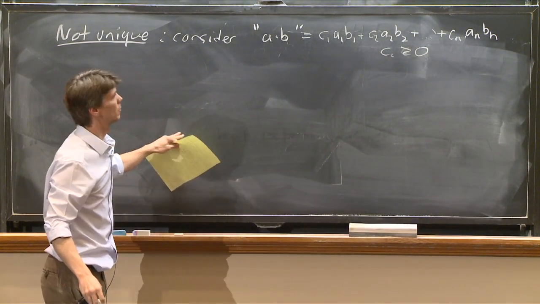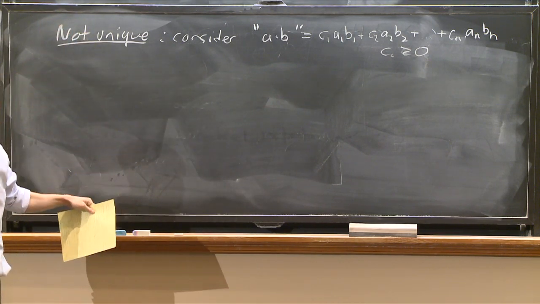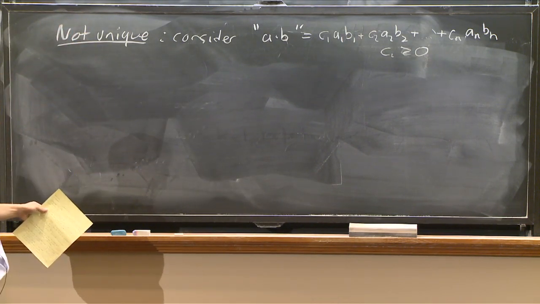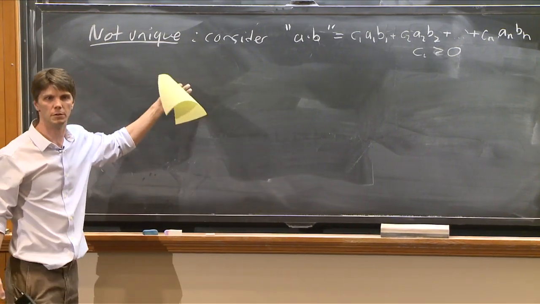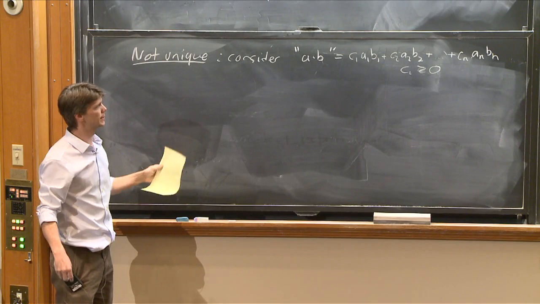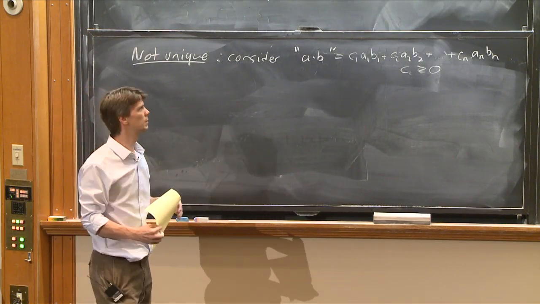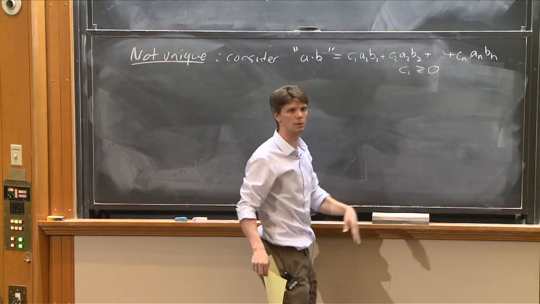That would satisfy all of the things that we know about our standard dot product, right? But for obvious reasons, we don't choose to do this because it's not a very natural definition to put these random positive numbers along here.